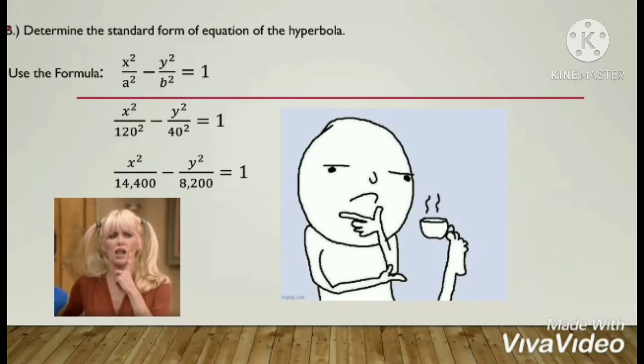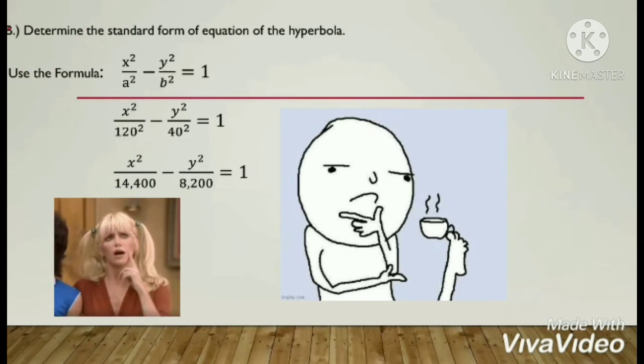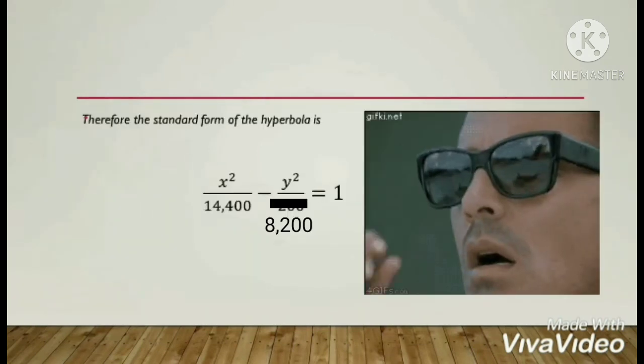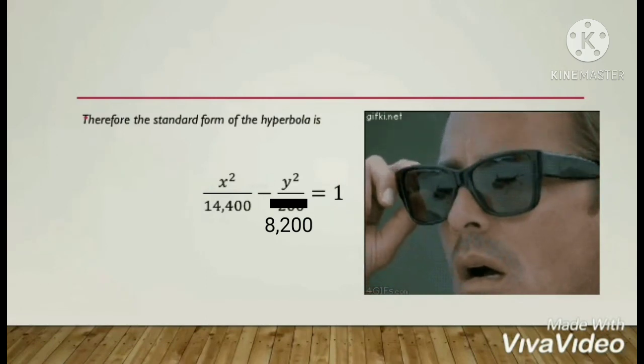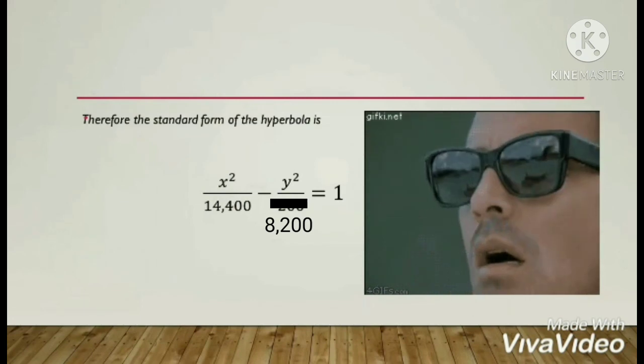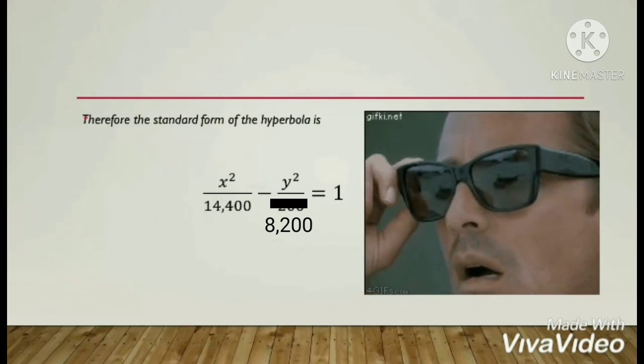We solve the 120 squared and the 90 squared. x squared over 14,400 minus y squared over 8,100 equals 1. Therefore, the standard form of the hyperbola is x squared over 14,400 minus y squared over 8,100 equals 1.